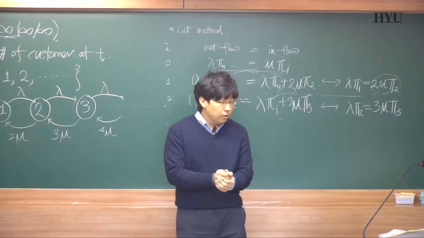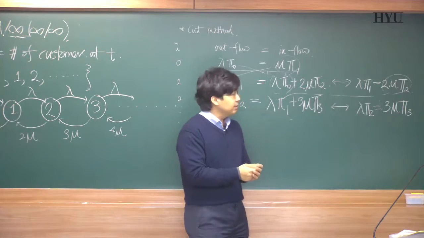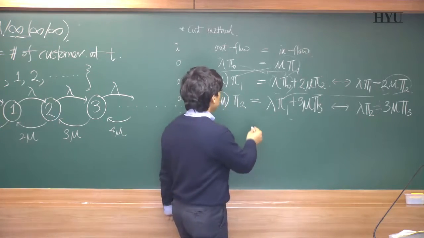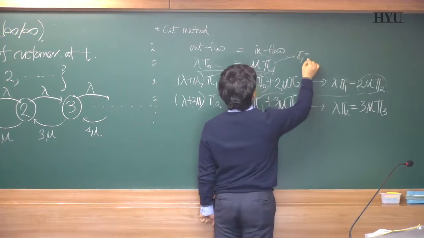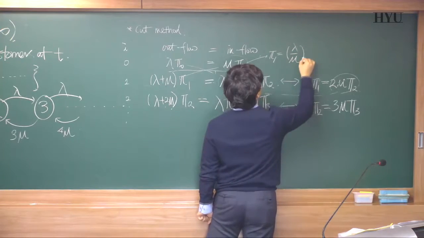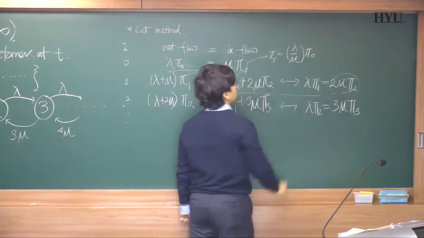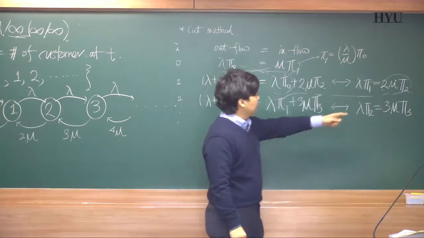to represent pi sub k. How can you do that? Based on this, pi 1 is lambda over mu pi 0. Okay? And how about this?